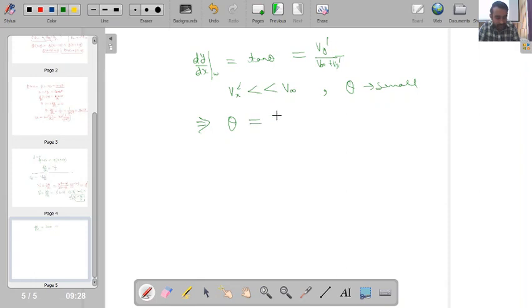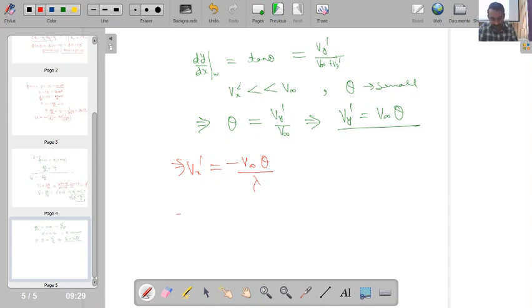So theta will be equal to Vy dash by V infinity, and ultimately I will get Vy dash equal to V infinity into theta. Let me substitute this value of Vy dash in the previous equation. Then I will get Vx dash equal to minus Vy dash by lambda, so Vx dash becomes minus V infinity into theta by lambda.